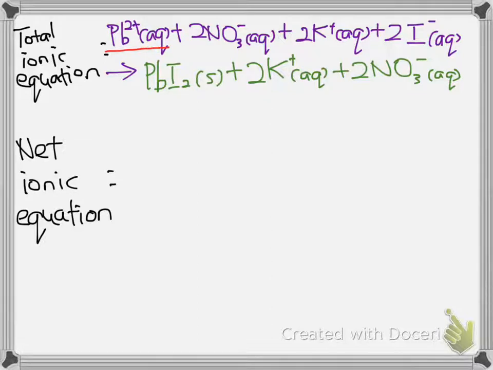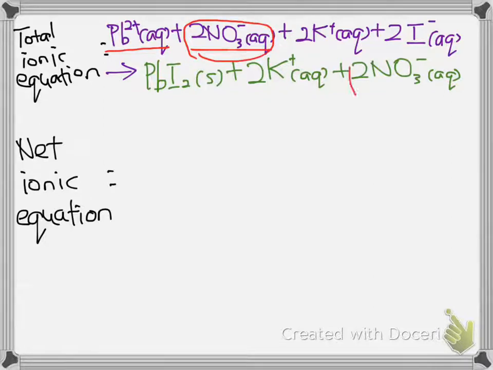Now, Pb2+ appears in the reactants, but if you look at the products in green, we do not see Pb2+ anywhere. Therefore, it is not a spectator. It cannot be cancelled out from the ionic equation. Now, what about for nitrate? Nitrate, if you look carefully, appears in the reactants.